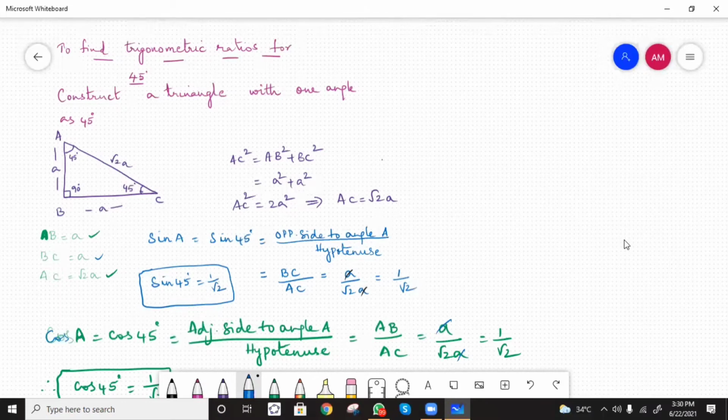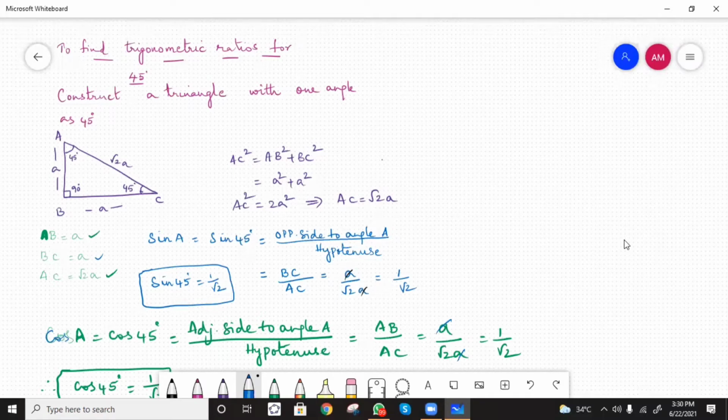So what we have done, we constructed a right angle triangle with one angle as 45 degrees. So if one angle of a right angle triangle is 45 degrees, what will be the other angle? 45 only. So since two angles are equal, what is that triangle called? Isosceles triangle.